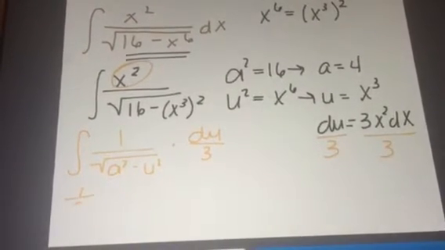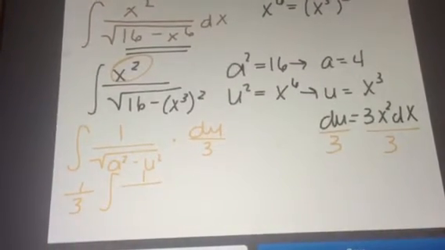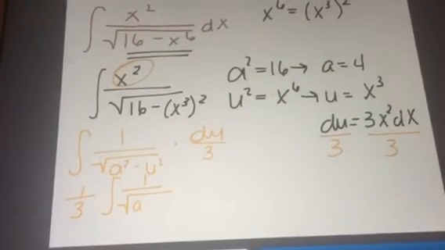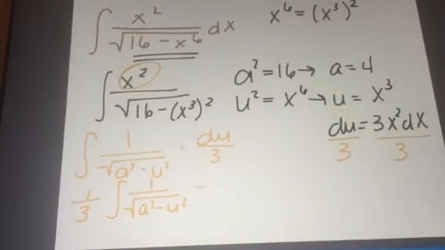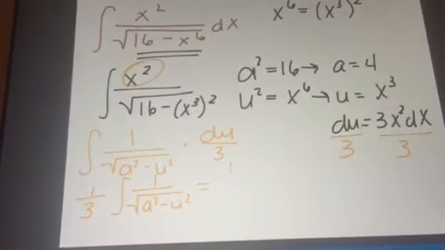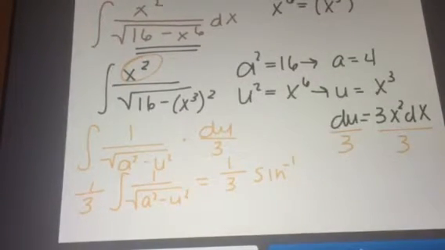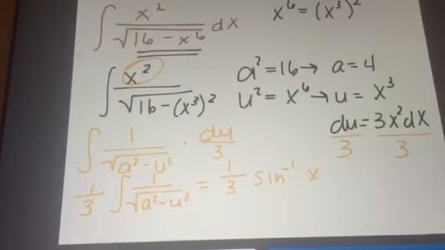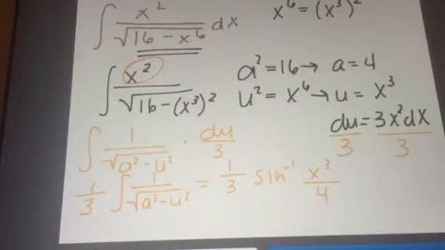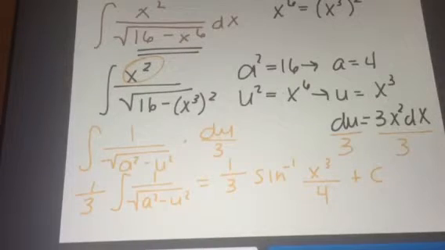Pull out your constant, integral of 1 over the square root of a squared minus u squared. That's also an inverse trig function, so you end up with 1/3 sine inverse of u over a plus c.